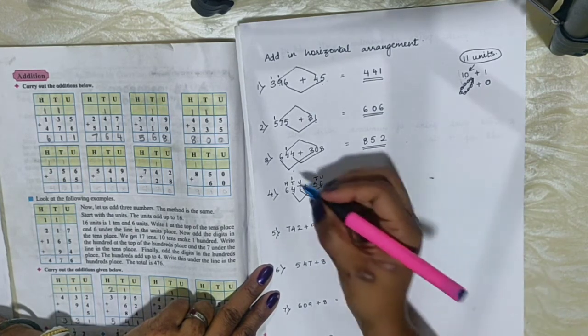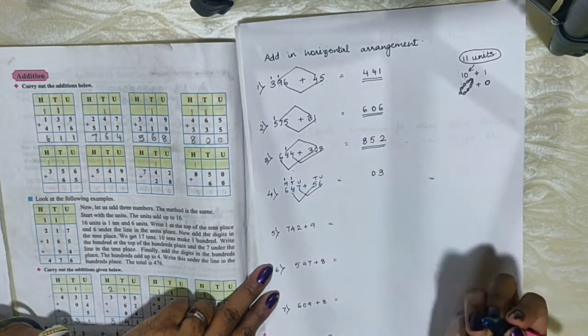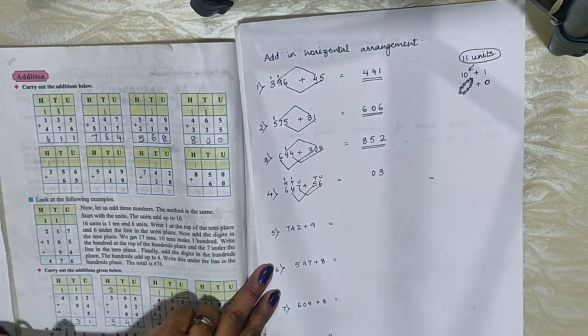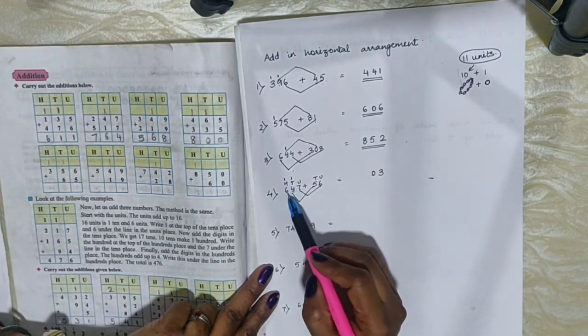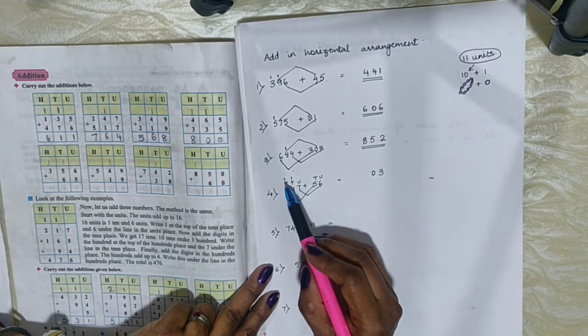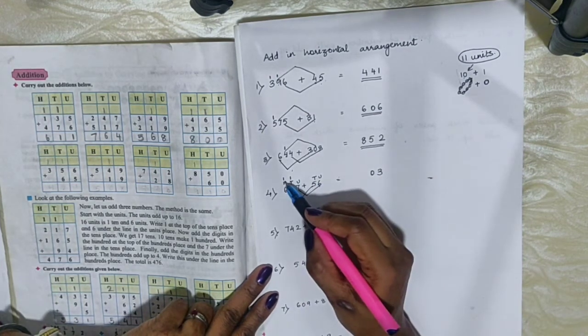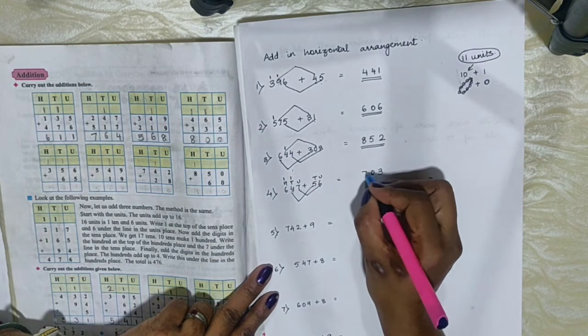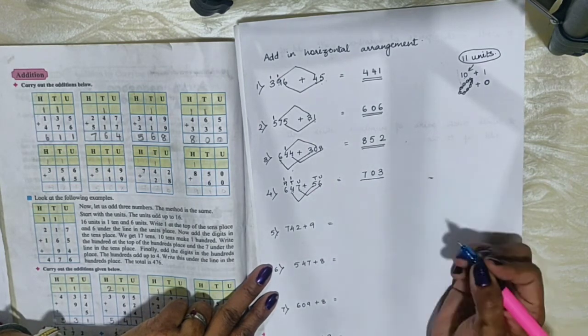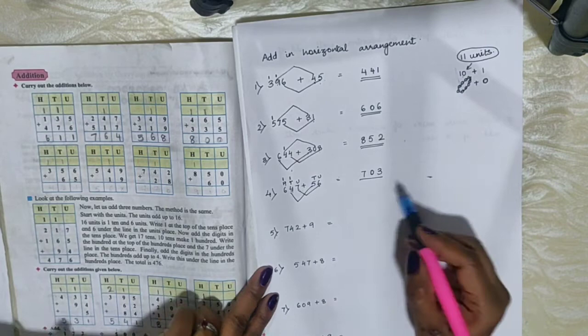So, you will write 0 here and 1 will go to the hundreds place. So, whatever you have to carry, you will carry here. So, 1 plus 6 is 7, 700. Okay. So, you will get the total.